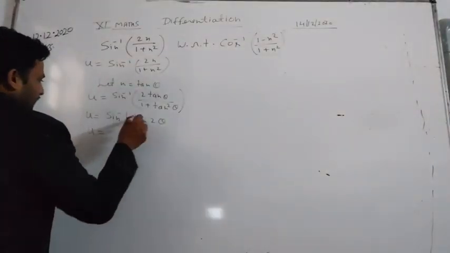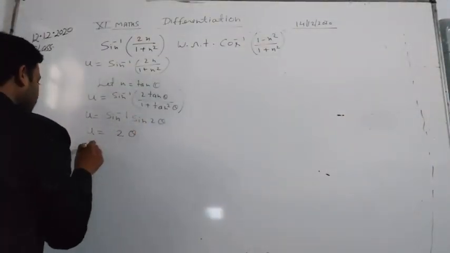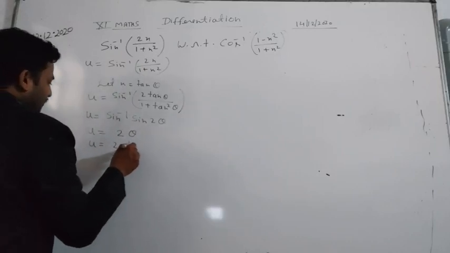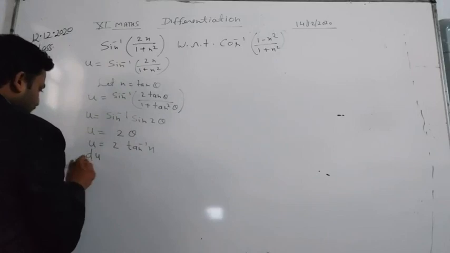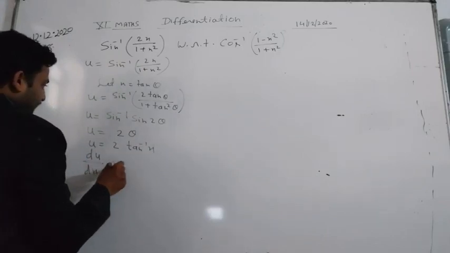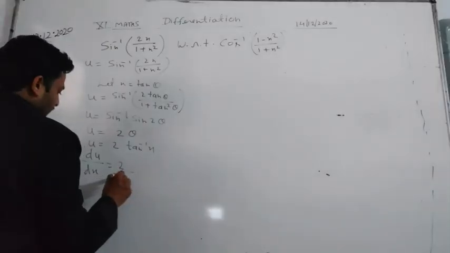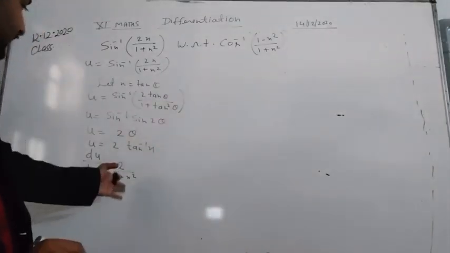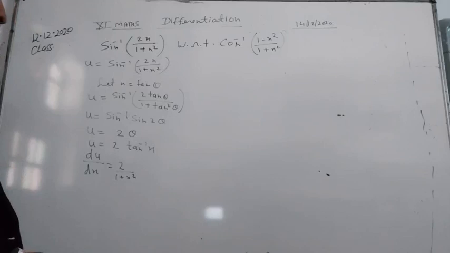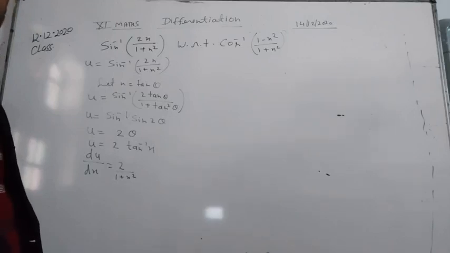This cancels, so u is 2 theta, so u is 2 tan inverse x. Now du by dx is 2 by 1 plus x square, since the differentiation of tan inverse x is 1 by 1 plus x square.